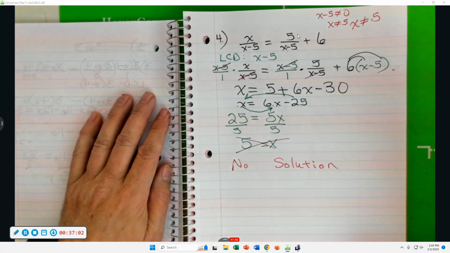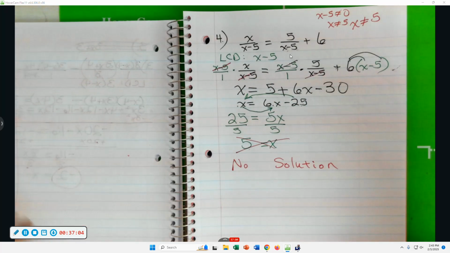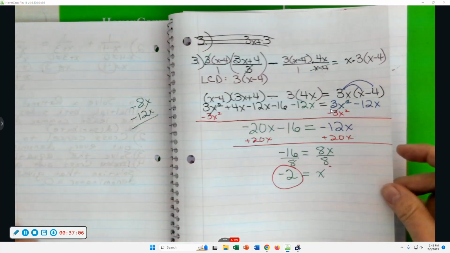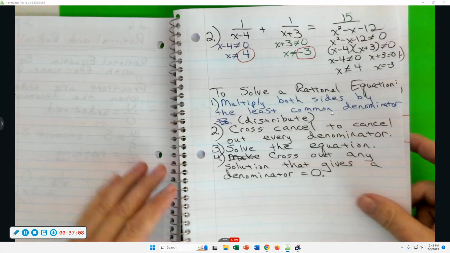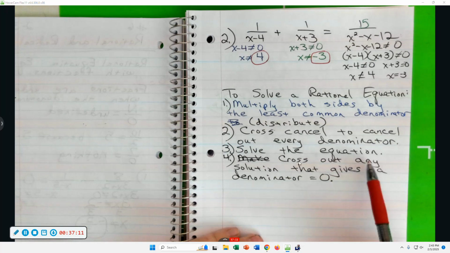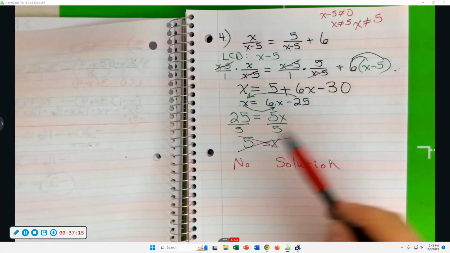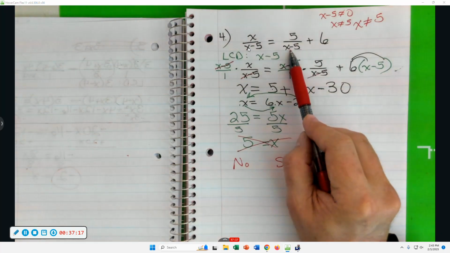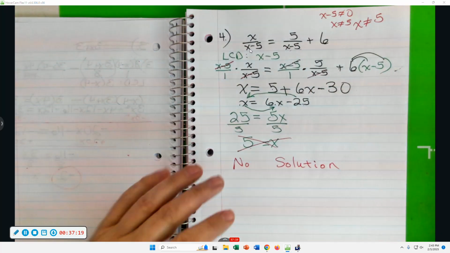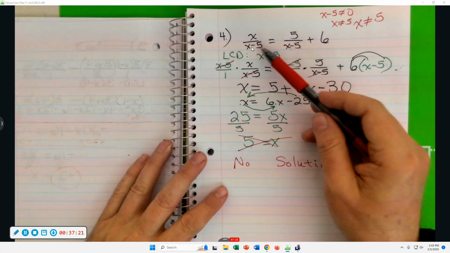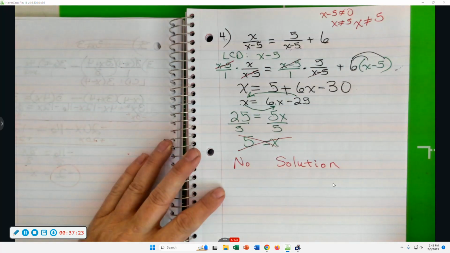You're checking to make sure the denominator, how did I write that in those steps? That last step: cross out any solution that gives a denominator of 0. If you took that 5 and plugged it in right there, 5 minus 5 is 0, and right here too. Same thing there. Any other questions?